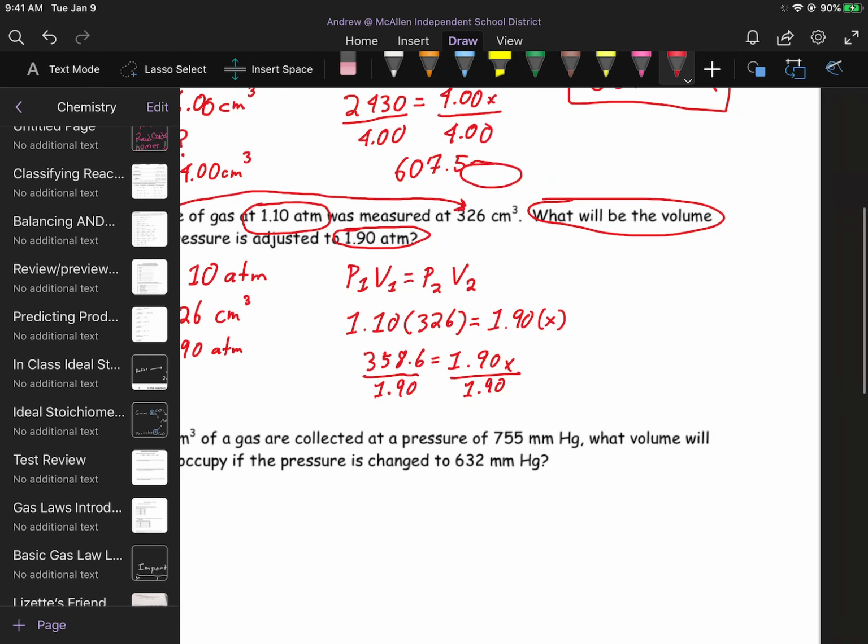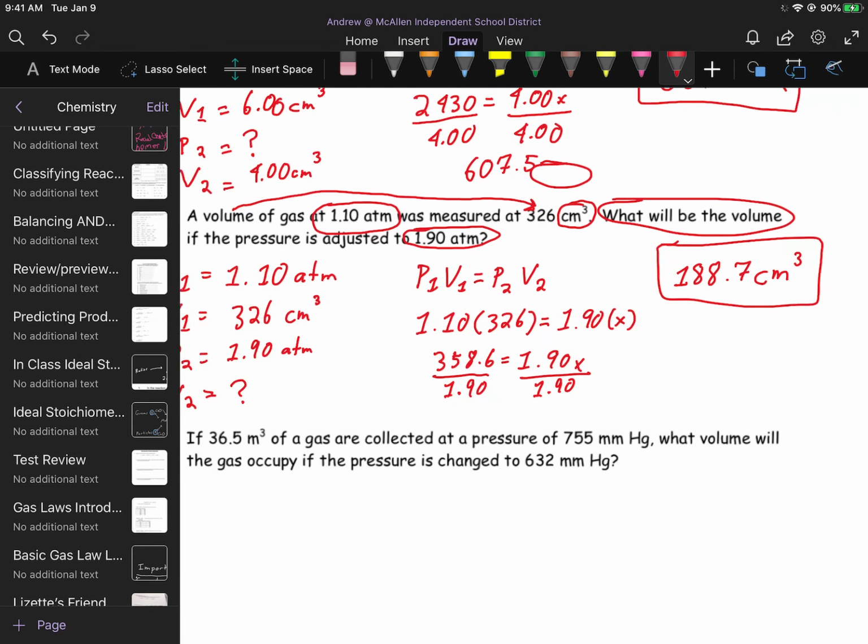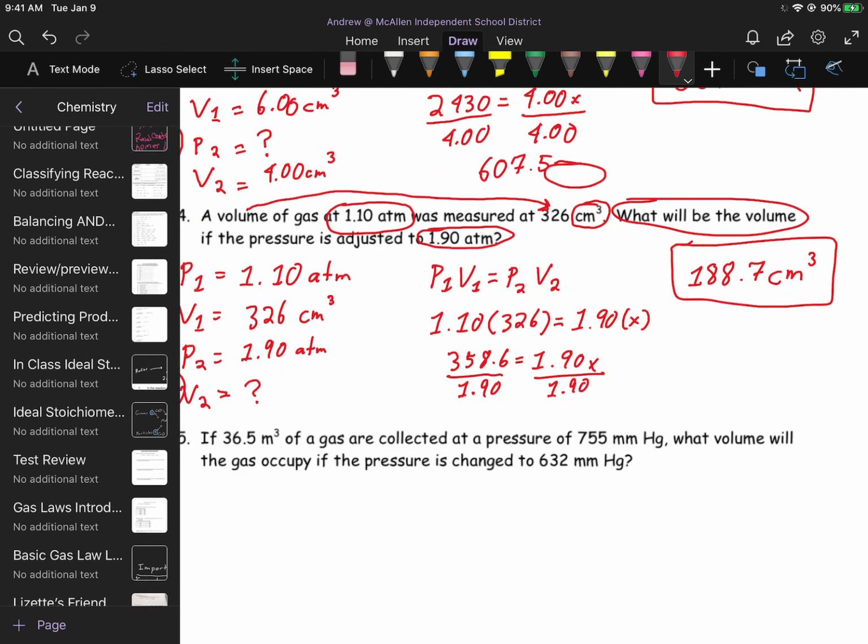And that gives me 188.7, and then my unit for volume in this case was cubic centimeters. Now our guess was that volume would decrease. 188.7 is a decrease from 326. So is this a reasonable answer?